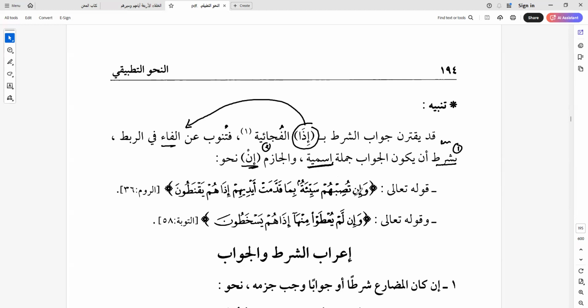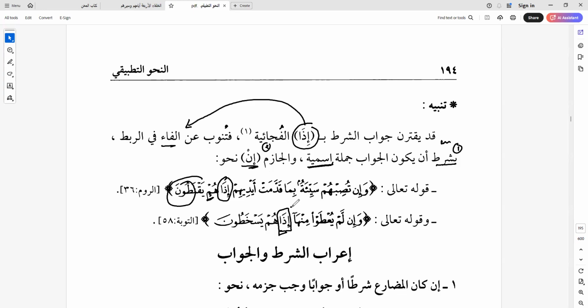So let's look at an example. In tusibhum sayyi'atum bima qaddamat aydihim idha hum yaqnatun. Hum, ism, is damir, but it's introducing ism. So it's jumlat ismiya. وقوله تعالى وإن لم تعطوا منها إذا. So إذا فجائية.